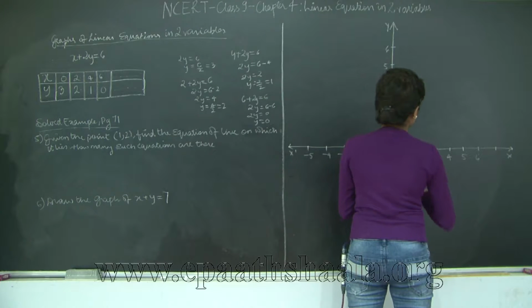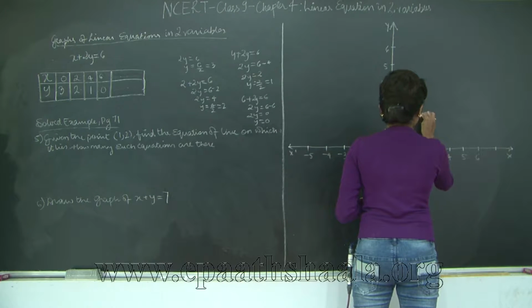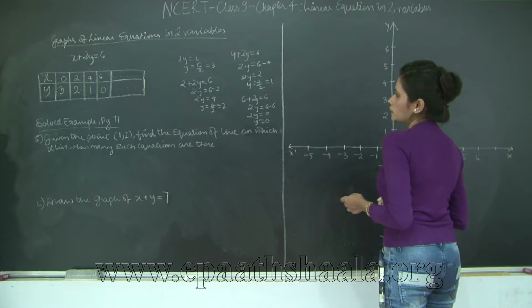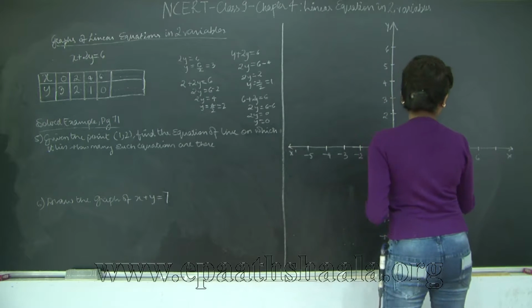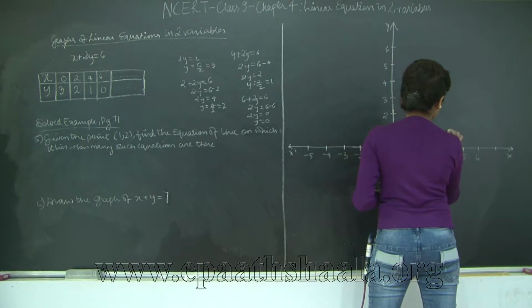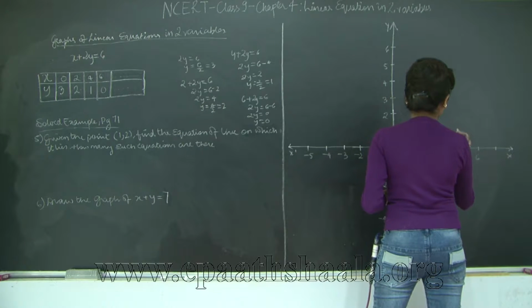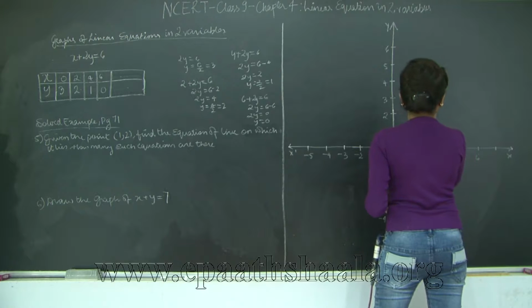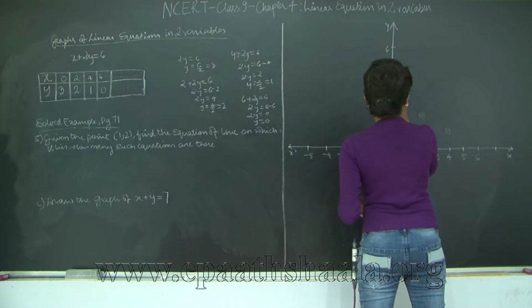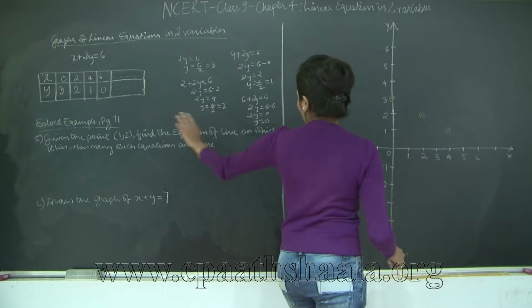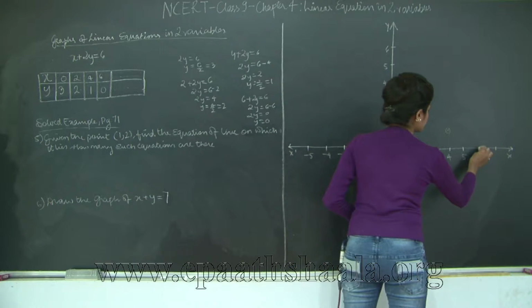So I'll just mark it with a yellow chalk. Then I have 4, 1. So this is my 4, 1. I'm circling these points so that you get a better clarity. And finally I have 6, 0.